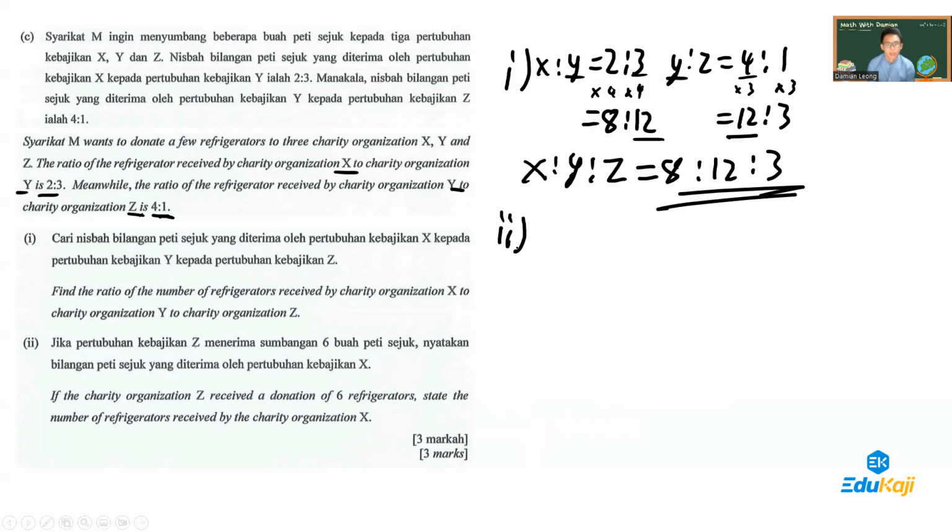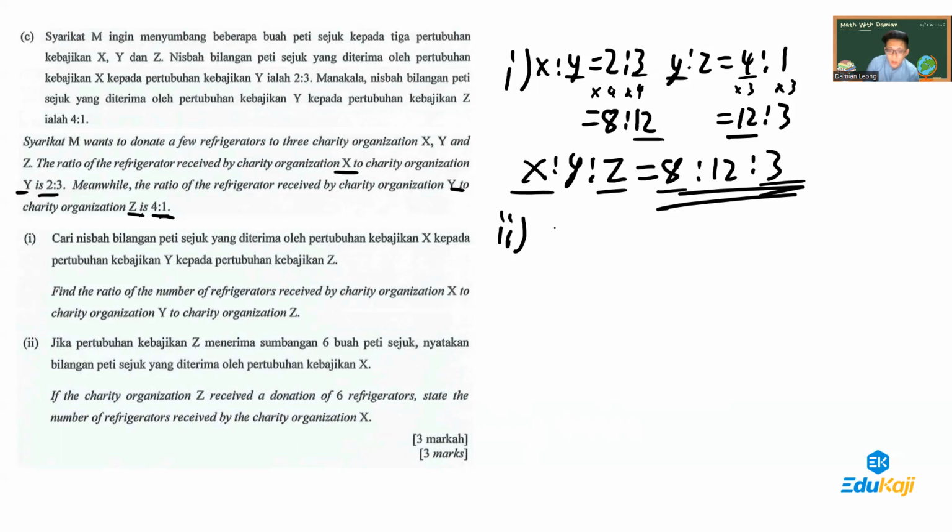And the second one, if charity organization Z received a donation of 6 refrigerators, state the number of refrigerators received by charity organization X. I can just straight away compare X and Z here, 8 with the 3 here.